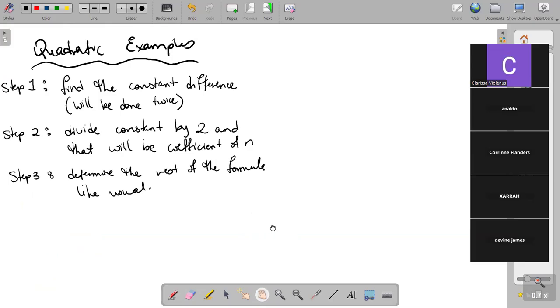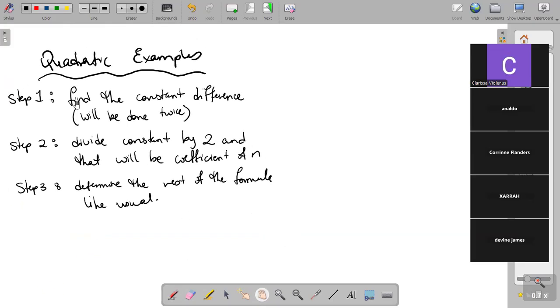Stop writing for now. Let me do this example so you can follow and see what each step means, and then we go from there. Everybody with me? So nobody should be writing.